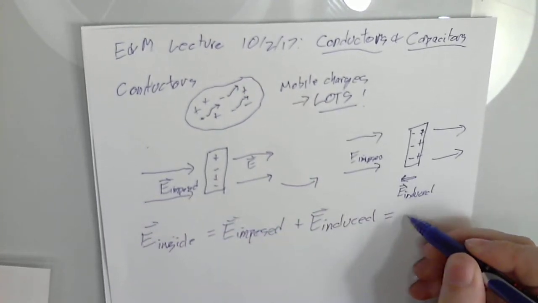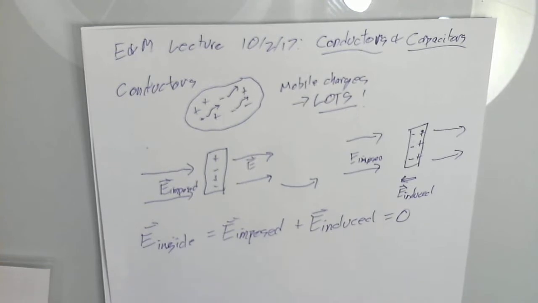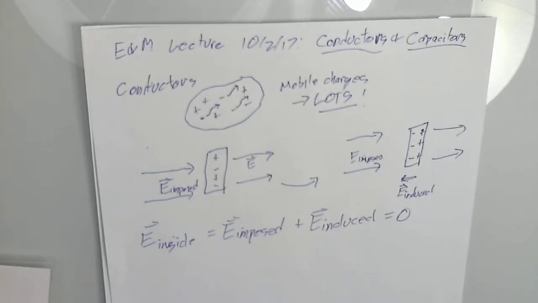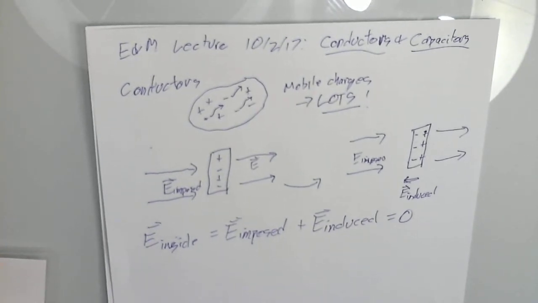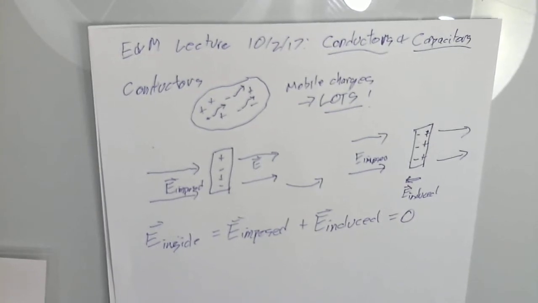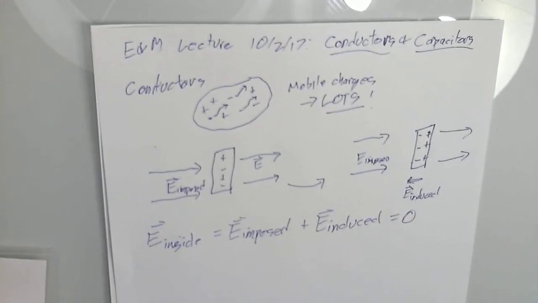And that adds up to 0 inside the conductor. As I said, there are so many charges here that they're able to overcome and compensate for pretty much any imposed outside electric field and always render the electric field inside a conductor 0.